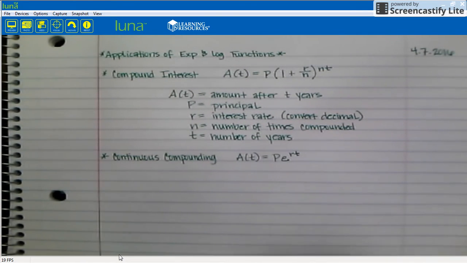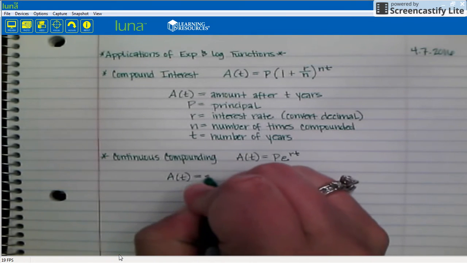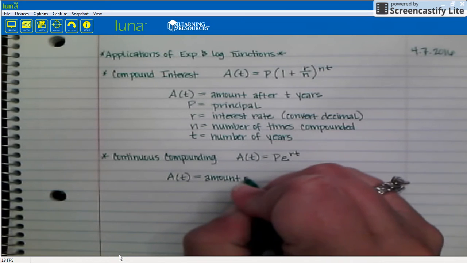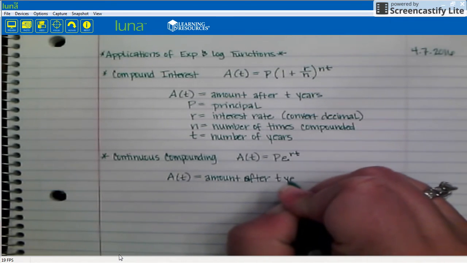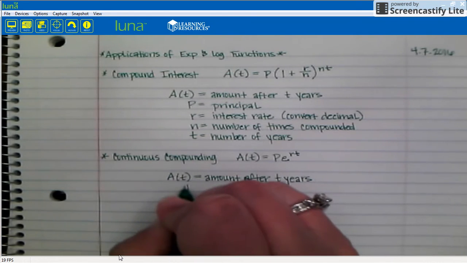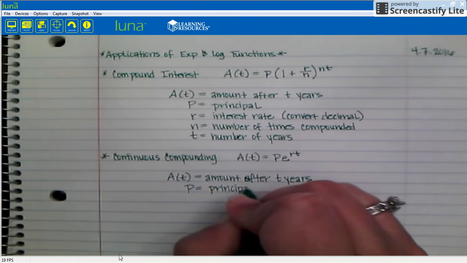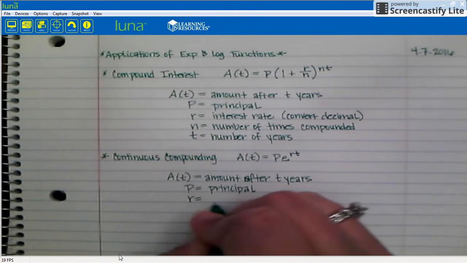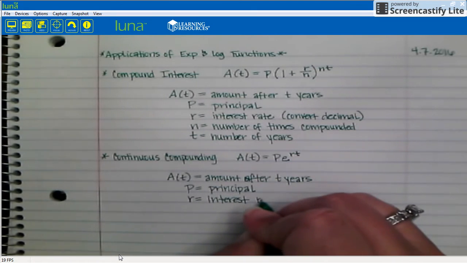So A of t, again, is equal to the amount after t years. P is still your principal or your initial investment, where you start from. r is still your interest rate, and it still must be converted to a decimal.